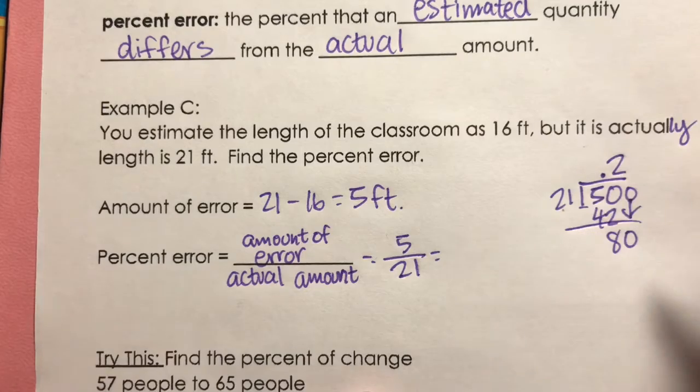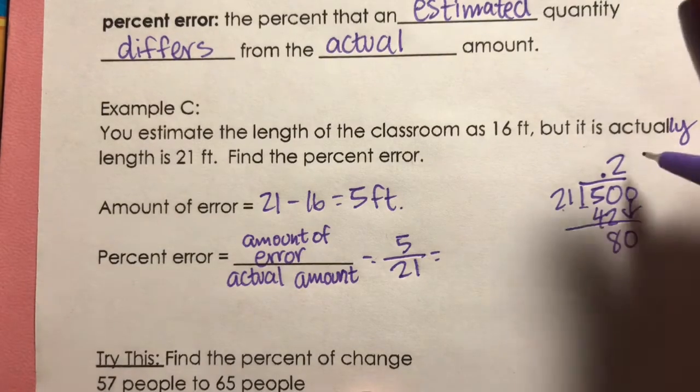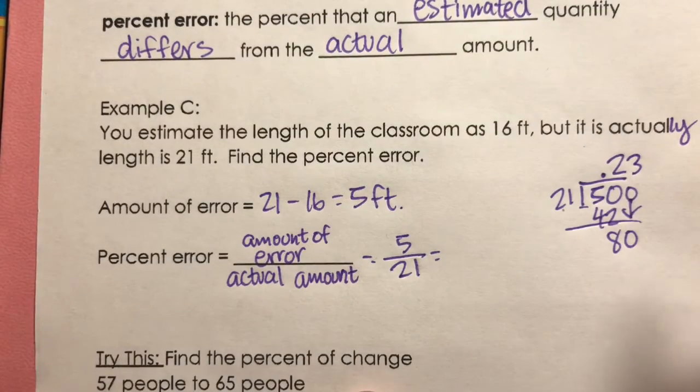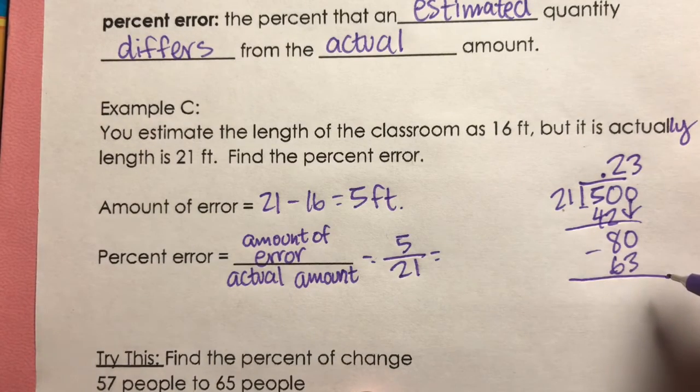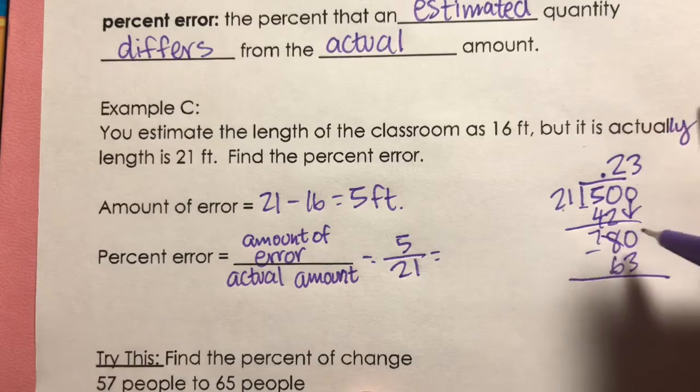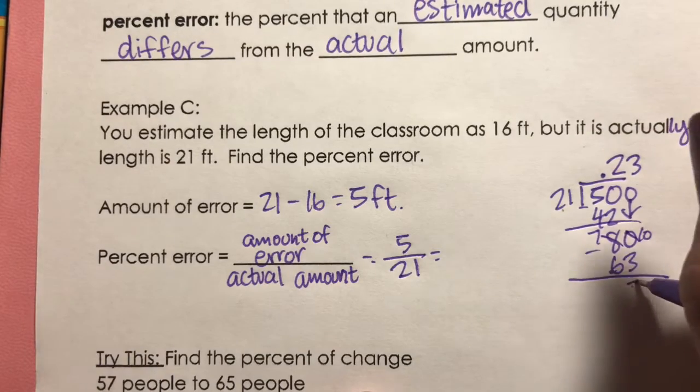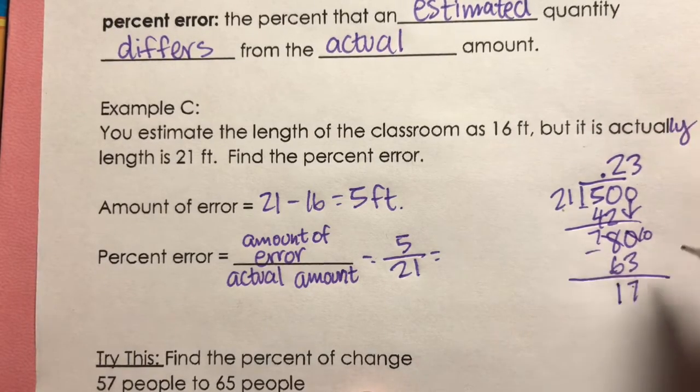Bring the 0 down. 21 goes into 80 3 times. 3 times 21 is 63. 80 minus 63 is, let's do that really quick. 10 minus 3 is 7. 7 minus 6 is 1.